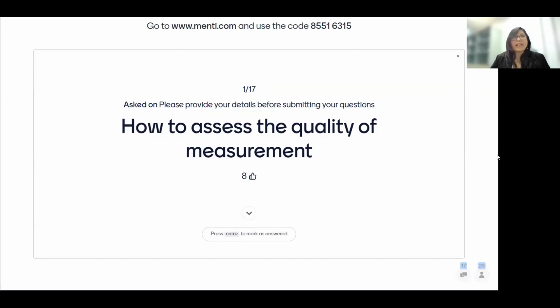So the validation should be carried out in an empirical environment of assessment.